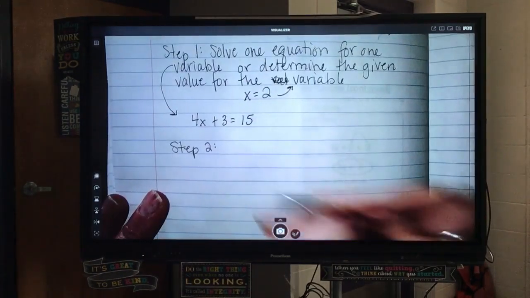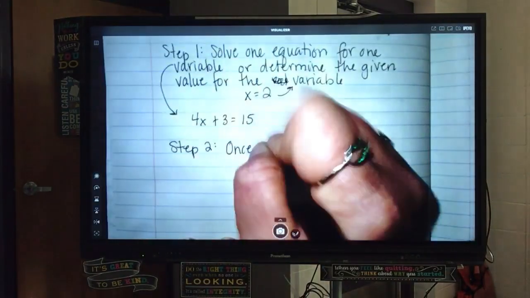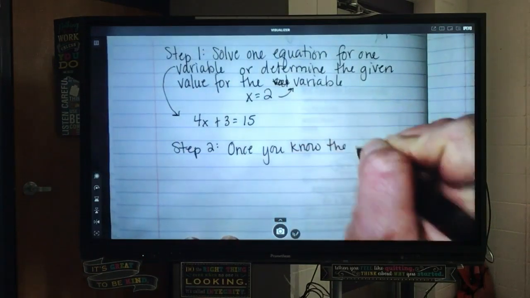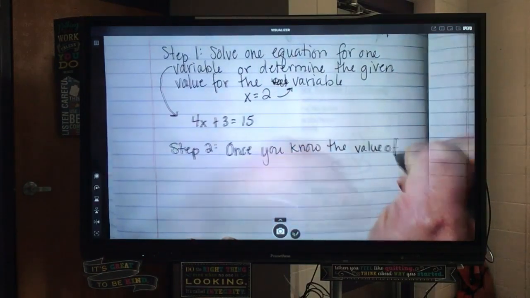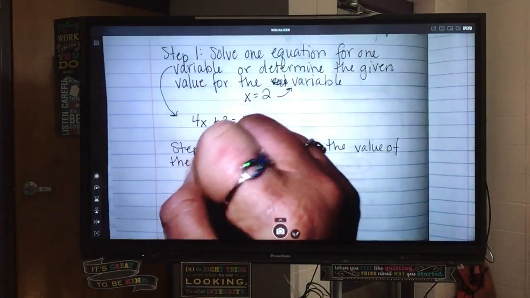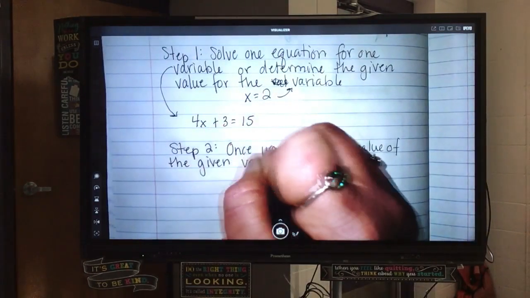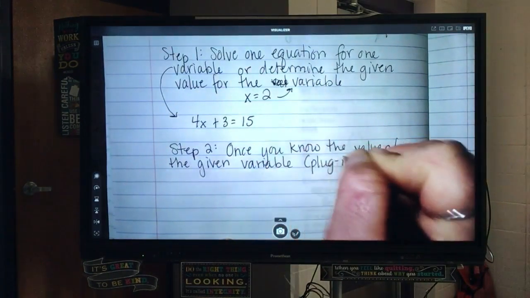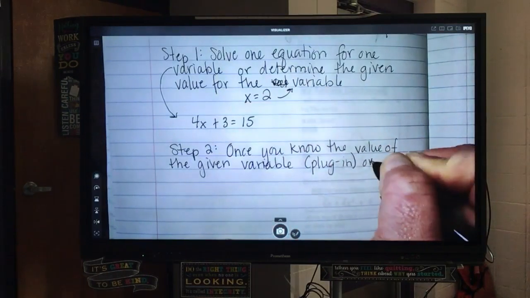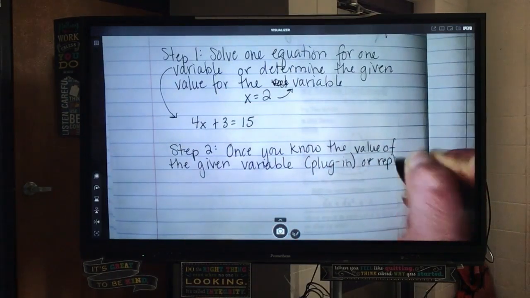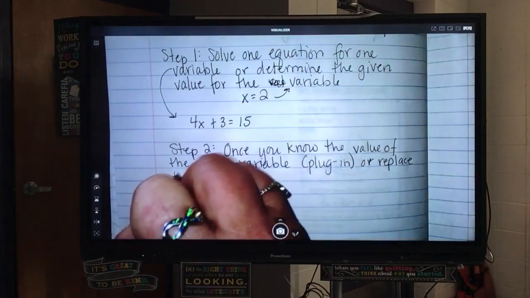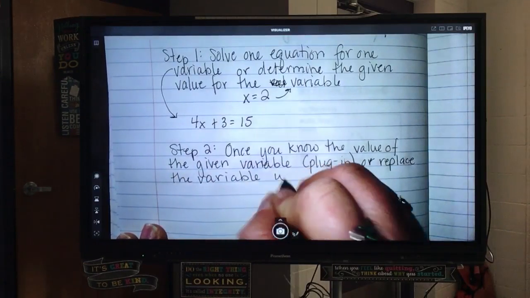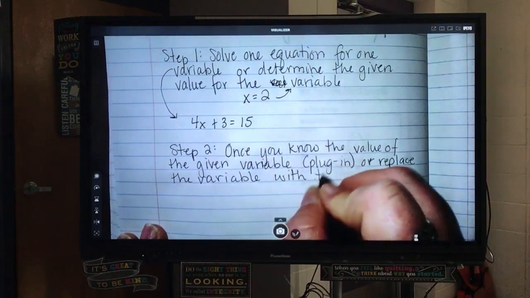All right, step number 2. Once you know the value of the given variable, plug in or replace the variable with the number.